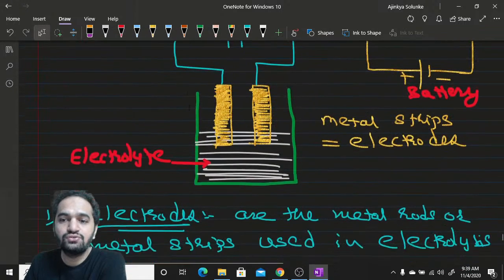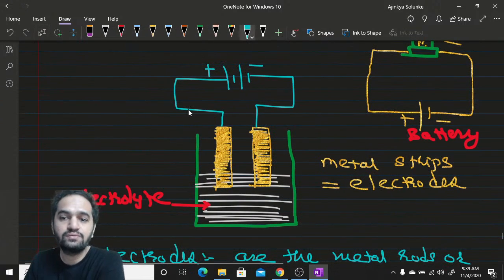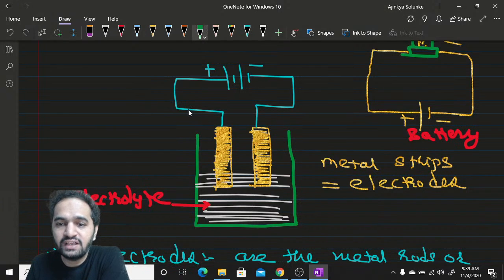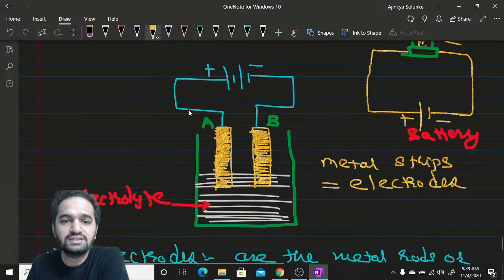So out of these two electrodes, who do you think is the anode? Let me call one A and the other B. Who do you think is connected to positive? You can see positive is connected to A.